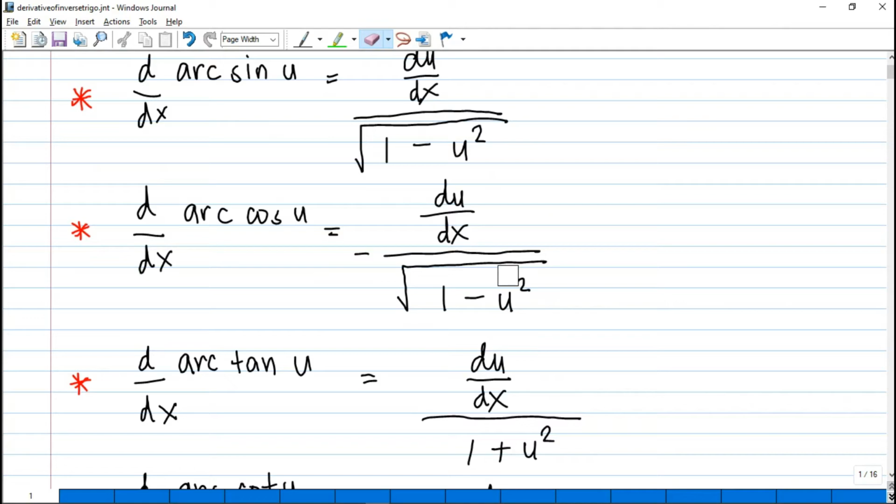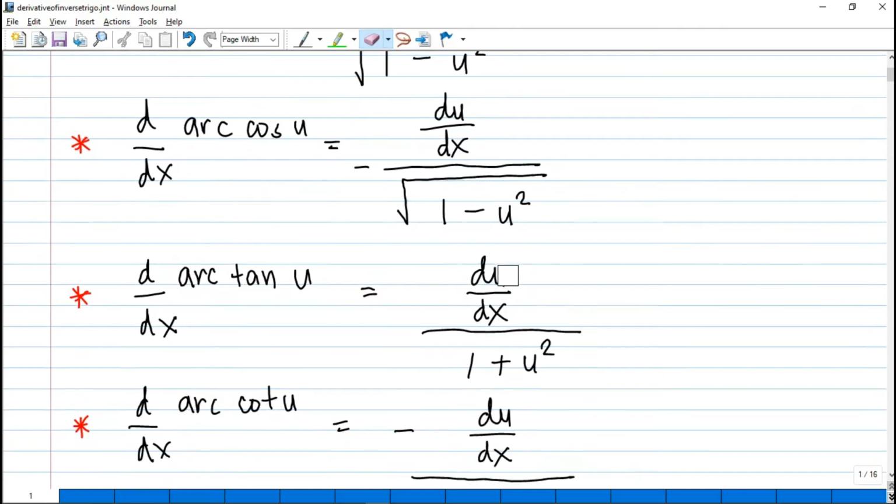So negative du over dx all over the square root of 1 minus u squared. Then for arctan u, you have the derivative of arctan u with respect to x. We just remove the square root sign, but replace the sign with an addition sign. So that is du over dx all over 1 plus u squared.